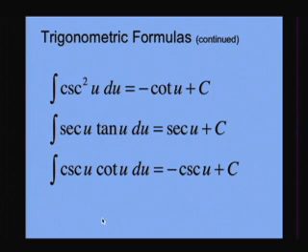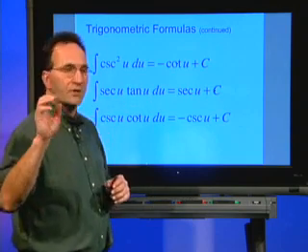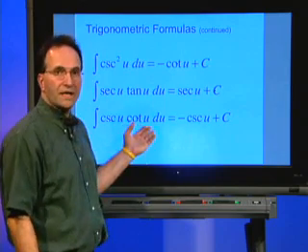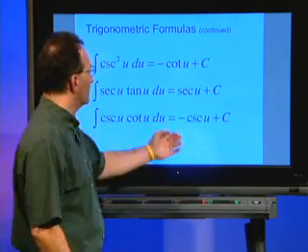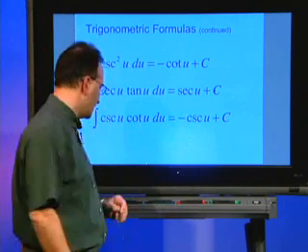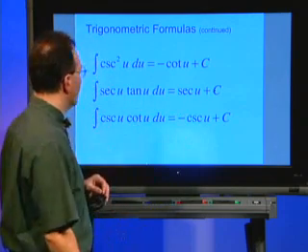The integral of cosecant squared u du is equal to negative cotangent u plus c. The integral of secant u tan u du is equal to secant u plus c. And the integral of cosecant u times cotangent u du is equal to negative cosecant u plus c.